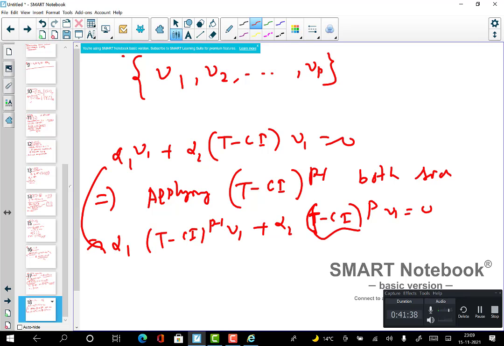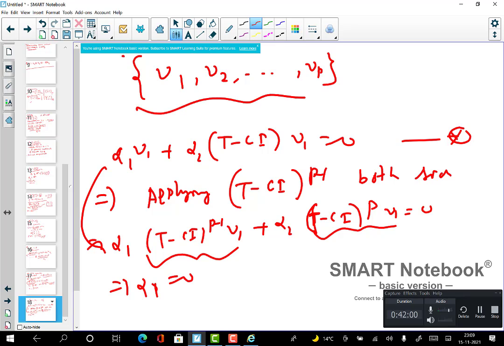But the second term is already 0, because V1 is in the null space of that. So the only remaining part is alpha 1 times this, but this is non-zero by definition. This implies alpha 1 equals 0. If alpha 1 equals 0, you can plug into this equation star and find that alpha 2 is also 0. So they are all linearly independent.